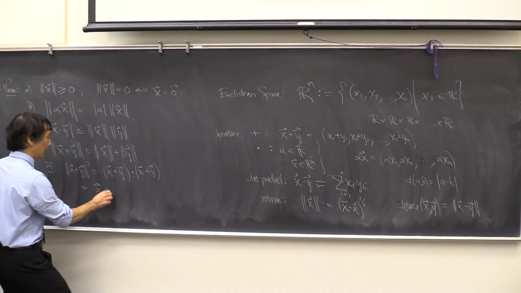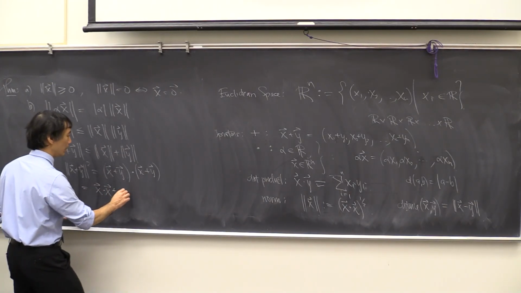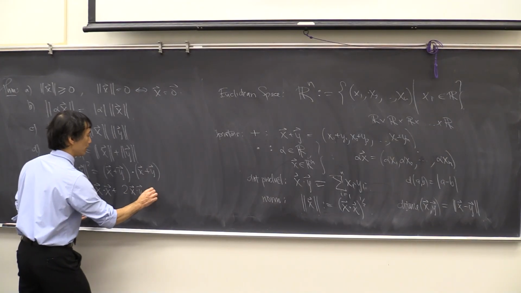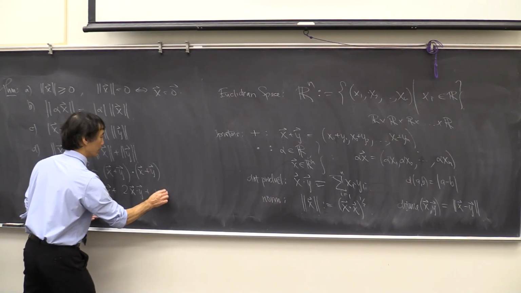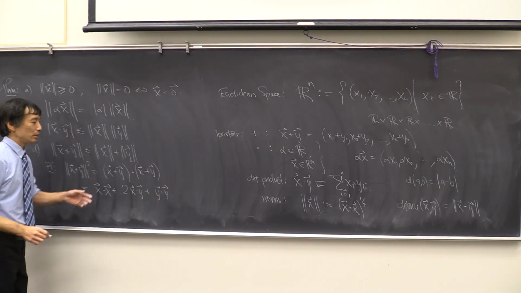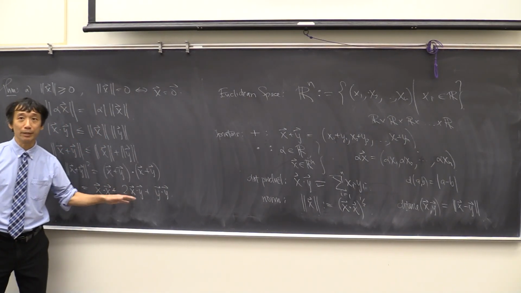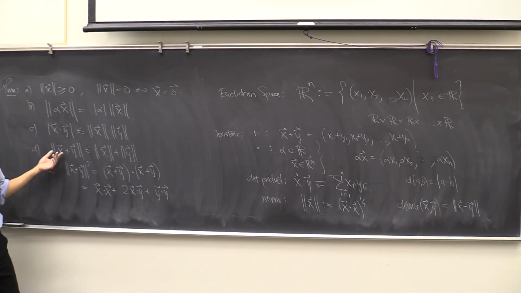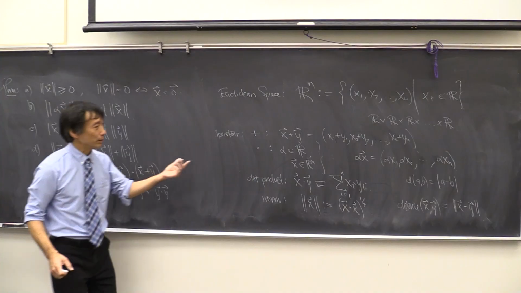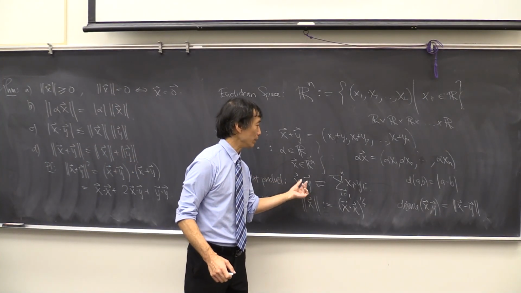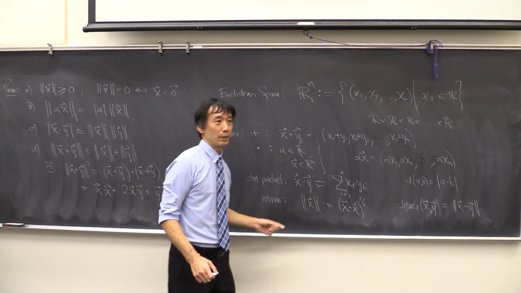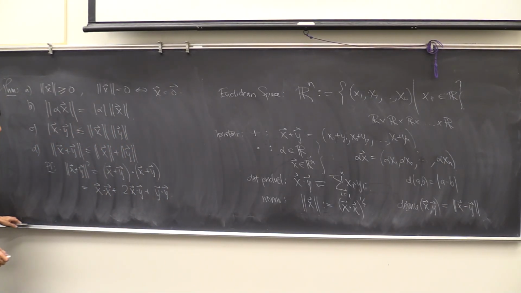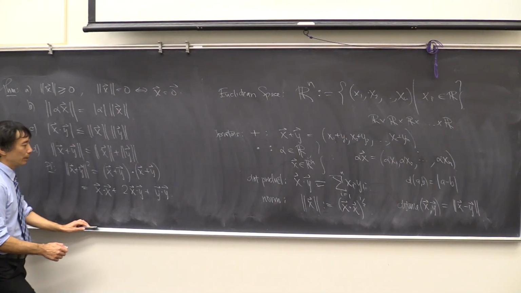You're going to get x dot x plus 2 x dot y plus y dot y. It's not exactly the same thing because we don't have that complex conjugate going on. The inner product commutes.